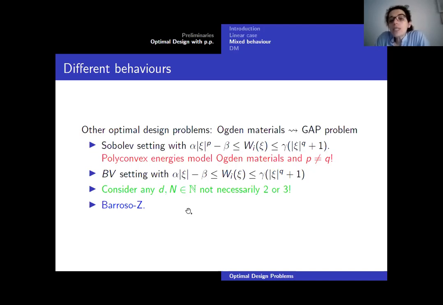And of course, this is what happens when people have in mind mechanical applications and, for instance, want to model Mooney-Rivlin material or Ogden material. So essentially, when W0 and W1 depend on the norm of the gradient and some minors of the deformation gradient, and of course this looks for different controls from above and below.